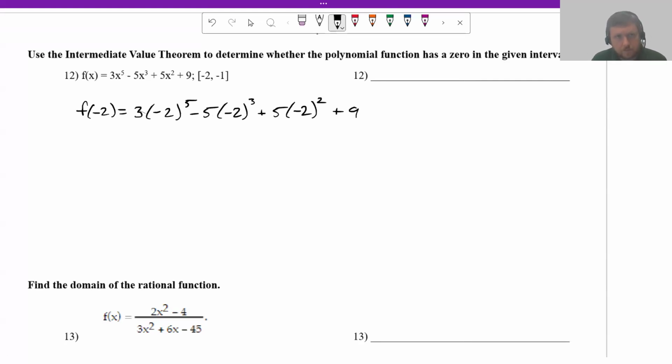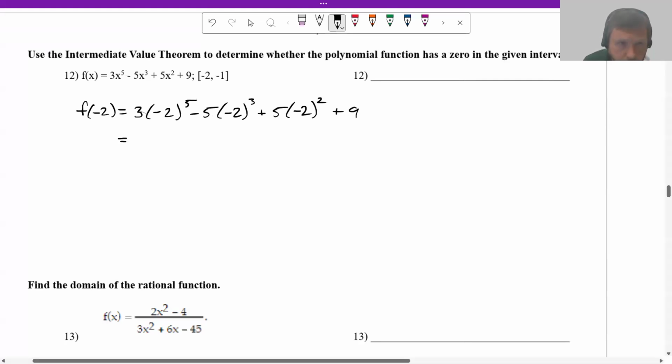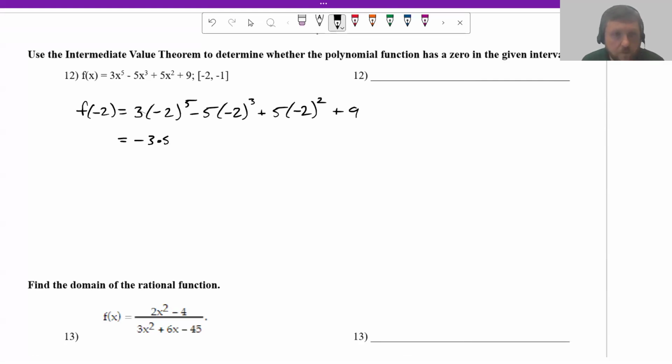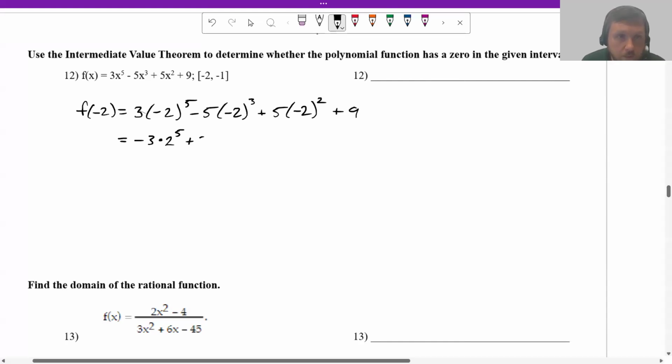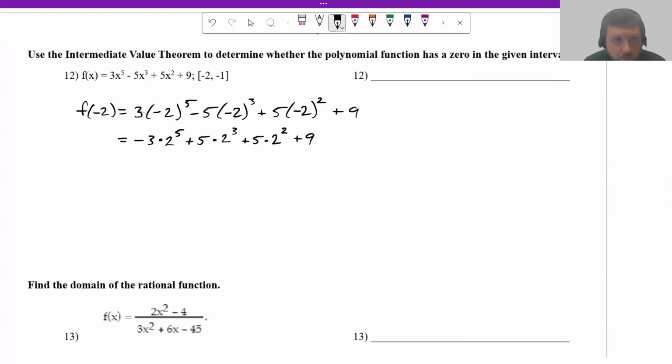I think so. Let's see, so -3 times 2 to the 5th plus 5 times 2 cubed plus 5 times 2 squared plus 9. All right, I think we've dealt with the signs just fine now.